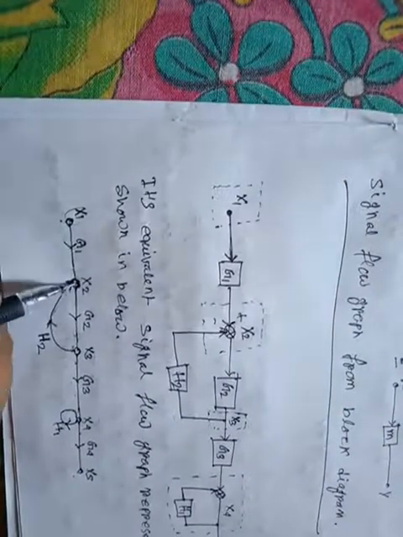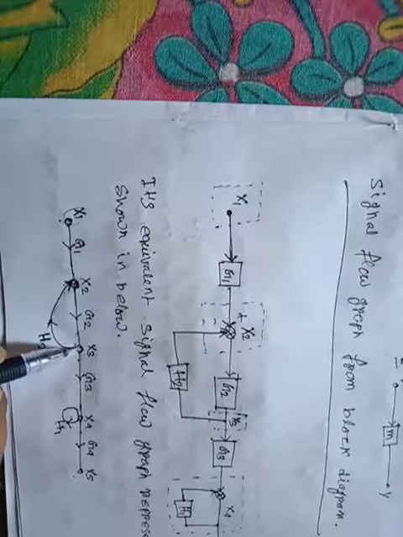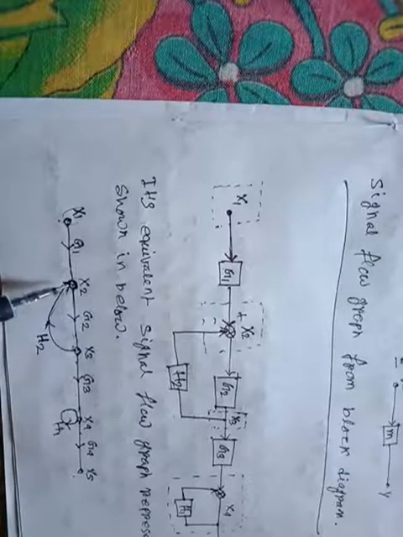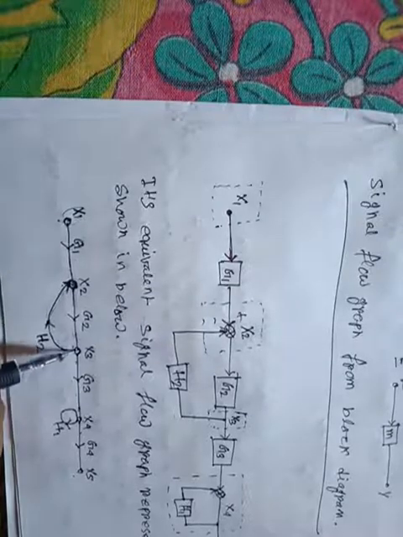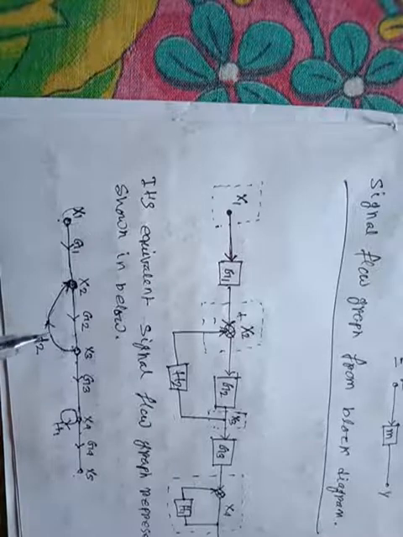Starting from x2 to x3, and from x3 again to x2, is called a closed loop.